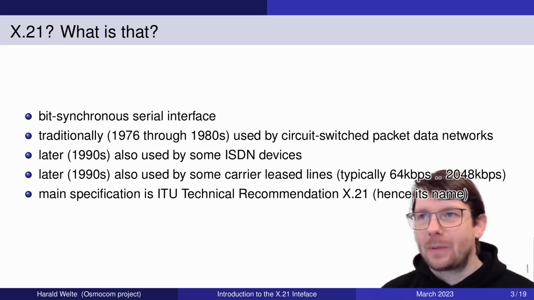That was probably primarily meant as a migration path from legacy terminal equipment, legacy user equipment that was used with those circuit switched packet data networks, and then was migrated over to ISDN. So you can find ISDN terminal adapters that have X.21 interfaces. And you can also find equipment, for example, these so-called Musiktaxis, as we call them in German.